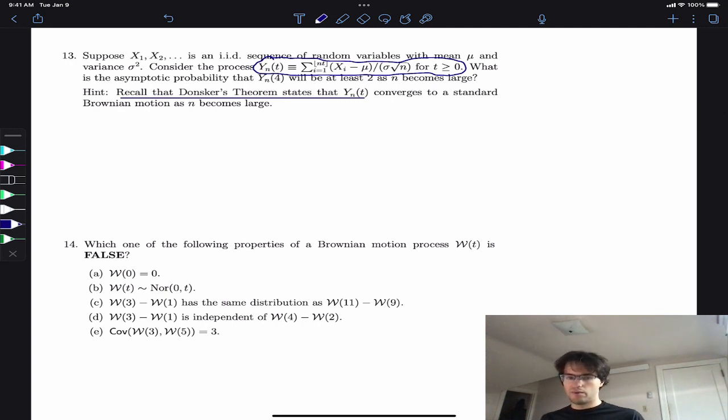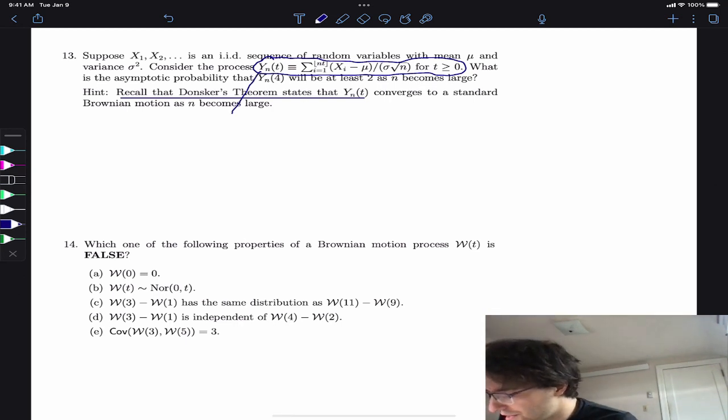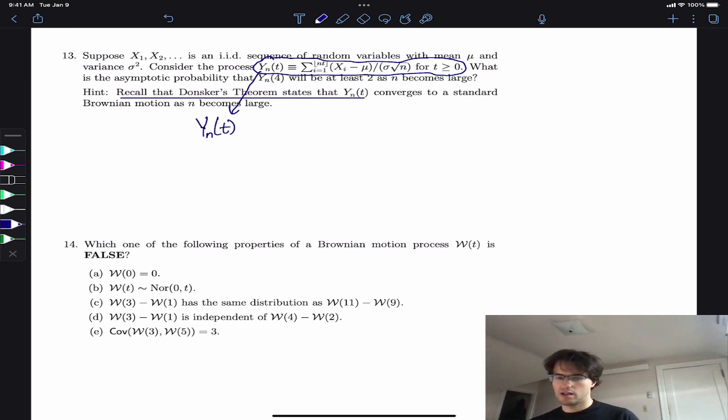This is a fancy way of saying that basically this whole thing, the Yn of t, converges to standard Brownian motion, W of t, as n goes to infinity.